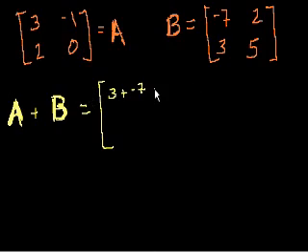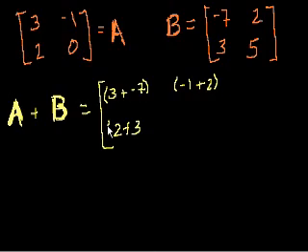Then the row 1, column 2 element will be minus 1 plus 2. Let me put parentheses around them so you know these are separate elements. And you could guess how this keeps going. This element will be 2 plus 3. And this last element will be 0 plus 5.